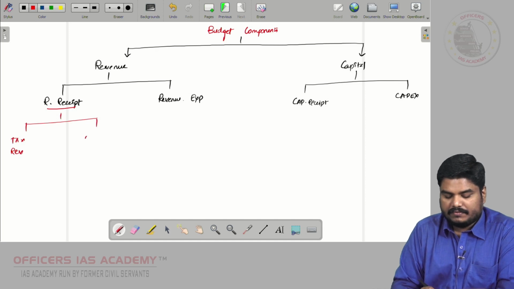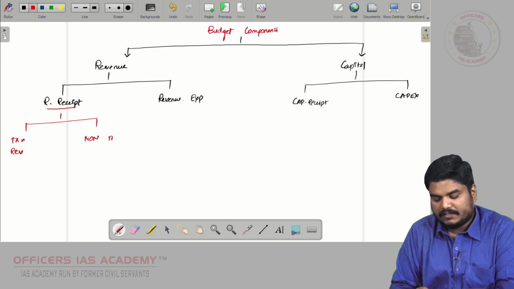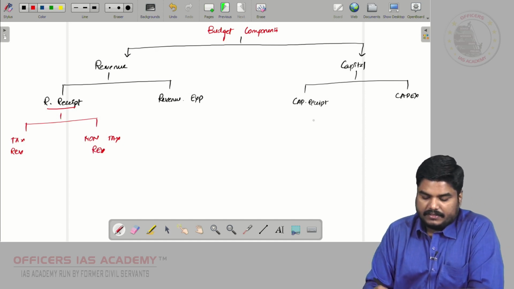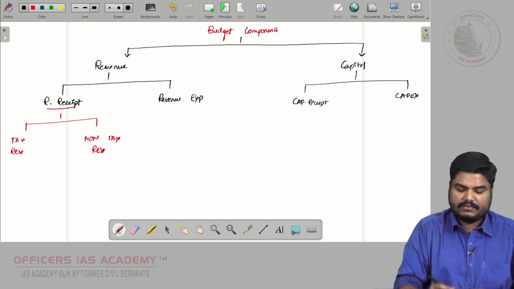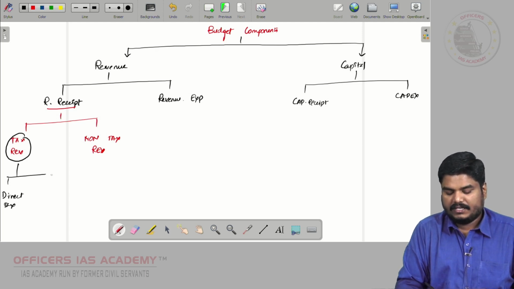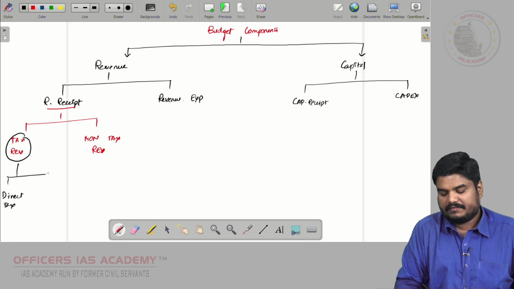Okay, this revenue receipt I was dividing into tax revenue and non-tax revenue. Examples for tax revenue, I said, we have direct tax and indirect tax.